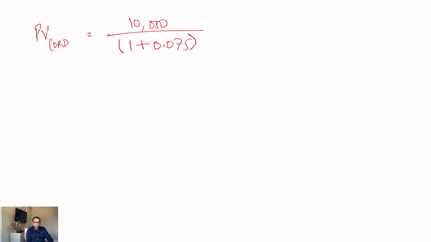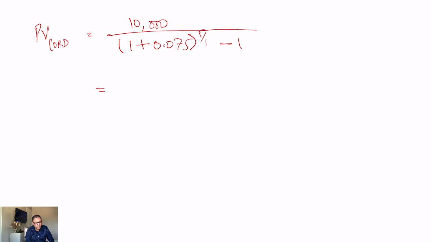So what we want to find out is the present value ordinary. 10,000, which is the amount of the scholarship, 10 scholarships of 1,000 each, divided by 1 plus I, which is 0.075, exponent 1 over 1, minus 1.